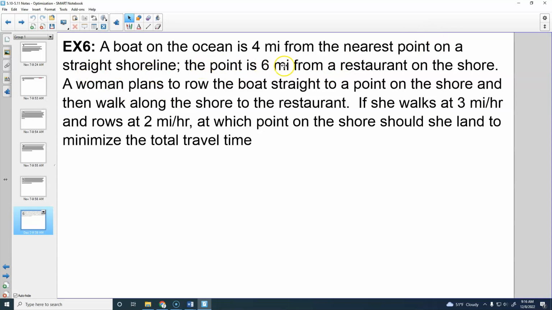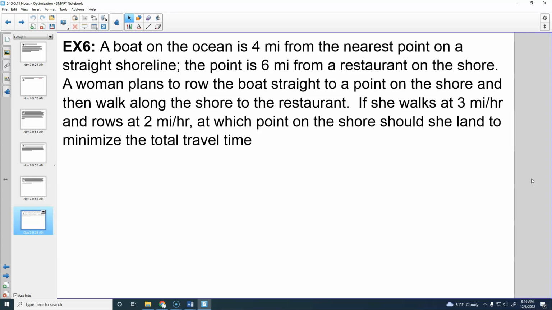That point is 6 miles from a restaurant on the shore. A woman plans to row the boat straight to a point on the shore and then walk along the shore to the restaurant. Here's the catch. She can walk at 3 miles per hour, but she can only row at 2 miles per hour. At which point on the shore should she land to minimize the total travel time?